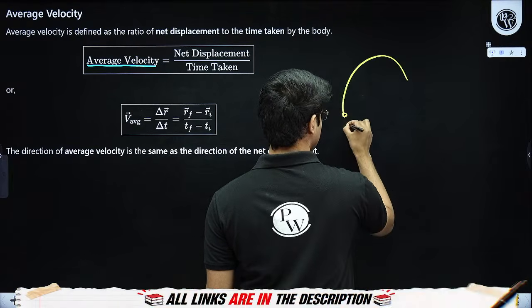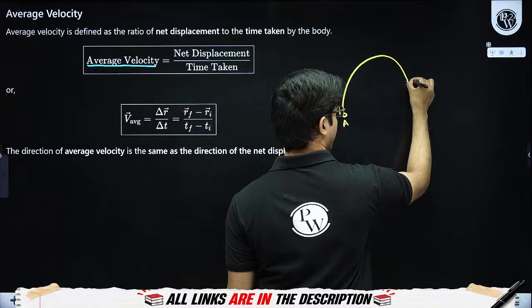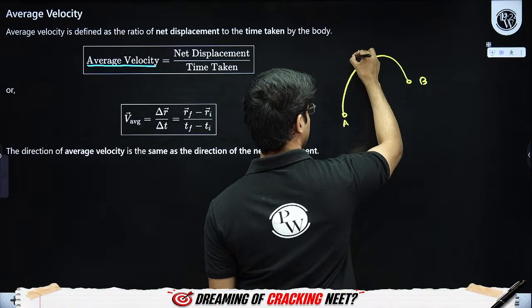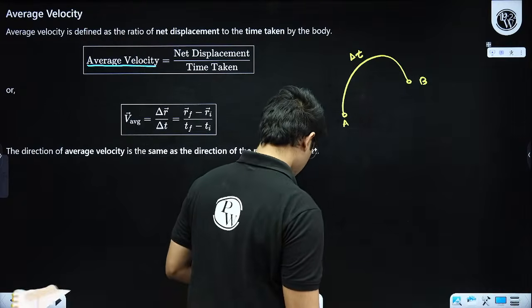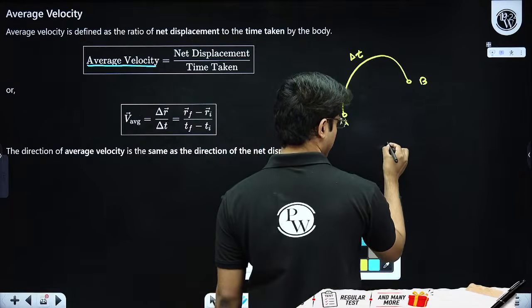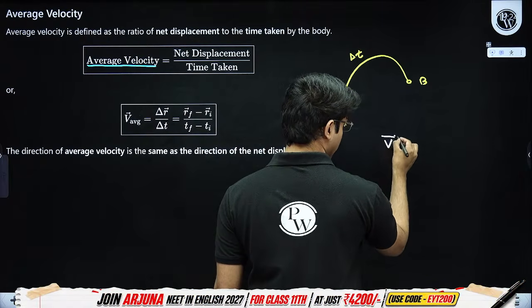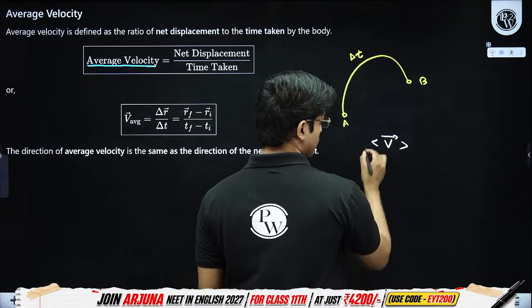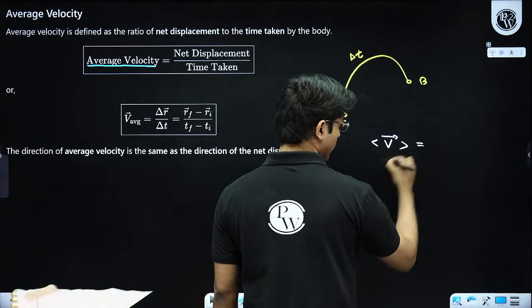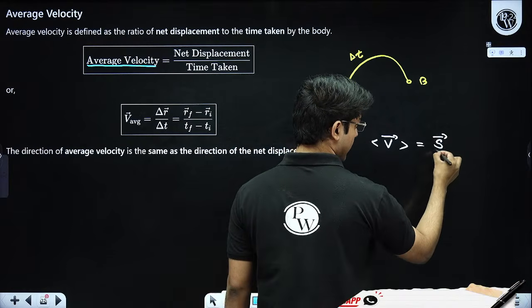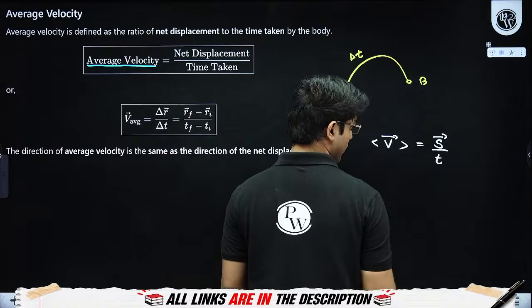So journey from point A to point B once again, and this journey takes some delta t time, let's say. So average velocity for this whole journey, this is the velocity vector and this means average. Average velocity vector equals the displacement in the journey divided by the time duration of the journey.